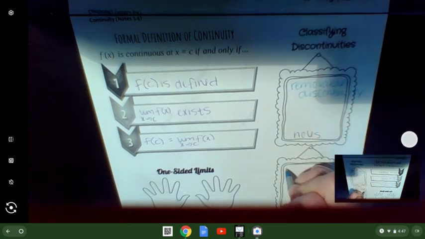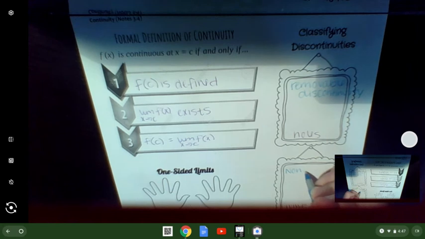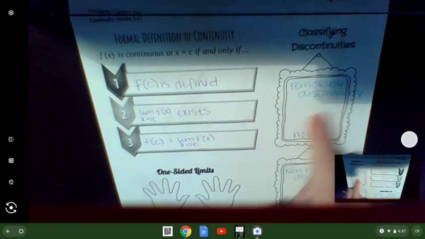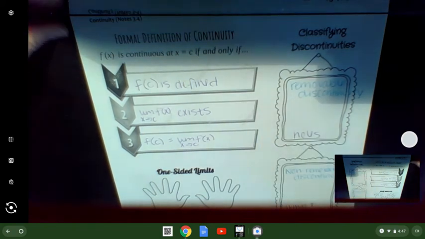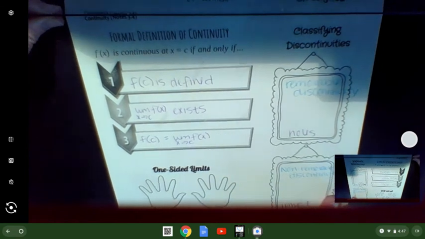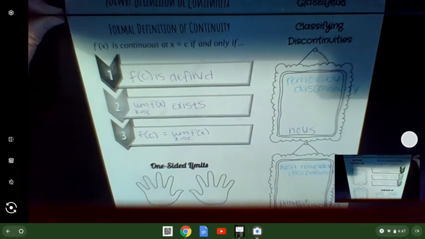And jumps and asymptotes are non-removable discontinuities. And in the long run, these removable discontinuities can be overlooked, if you will. There are ways around them. Non-removable, a little bit more difficult.